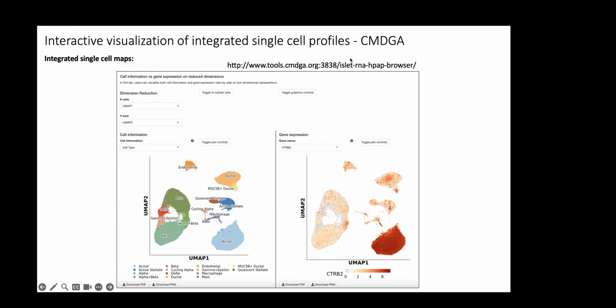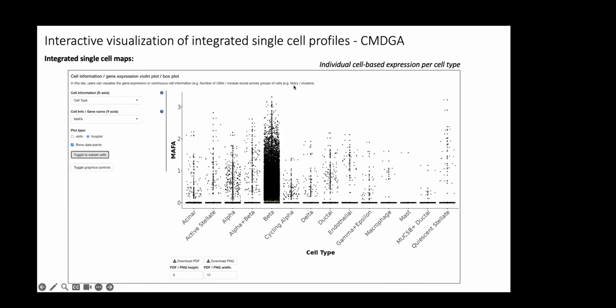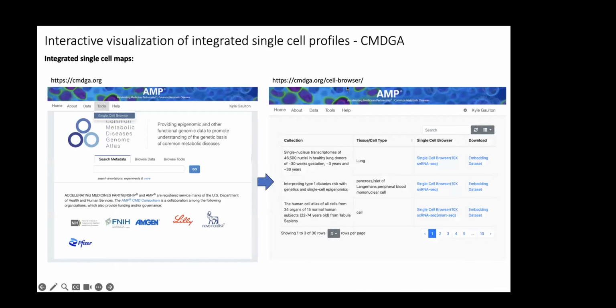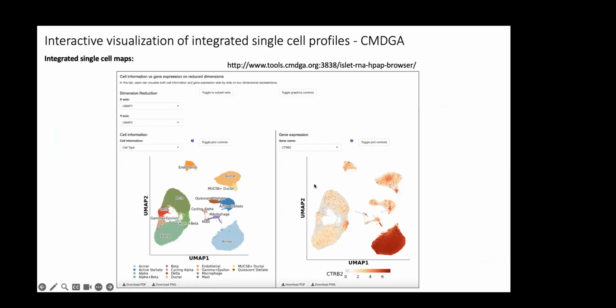If you go to our site and look at tools and cell browser, you can look at the interactive analyses of the integrated maps for the different data that's included in the portal.